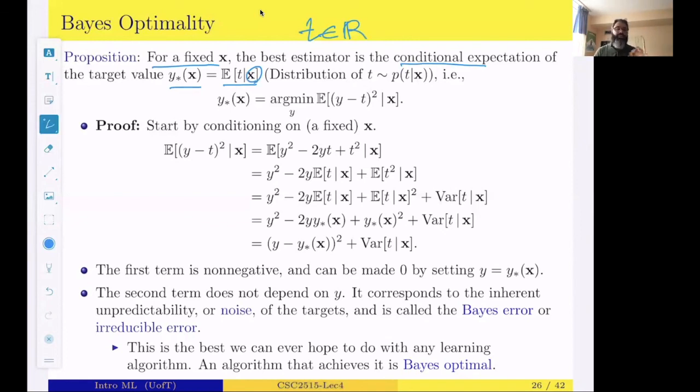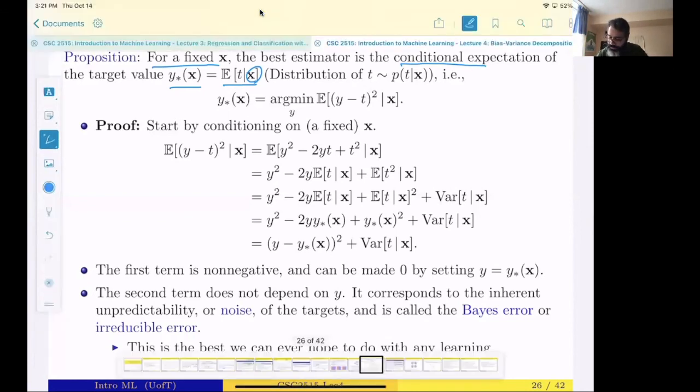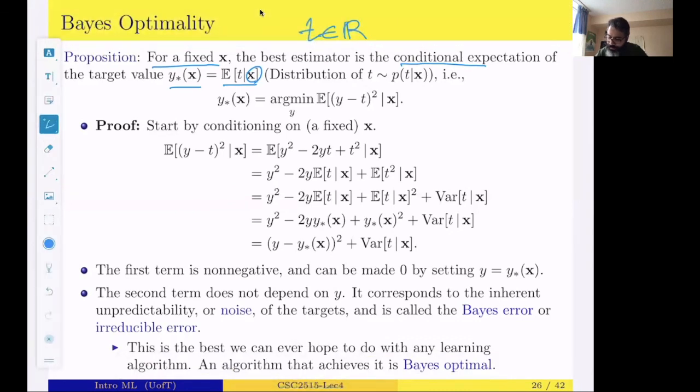So what's the best estimator? The best estimator is the one that minimizes the squared error loss. Let's be a bit more concrete. We compute the expectation of y minus t, squared, conditional on x, where t has some randomness in it in general, and search for a y that minimizes this squared error loss defined at that point x.